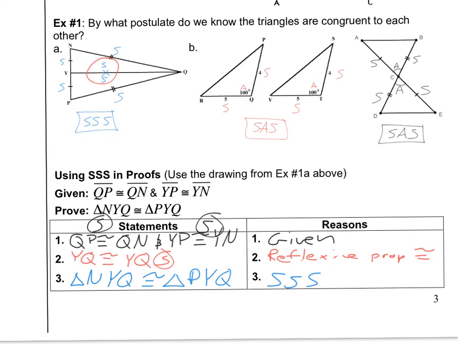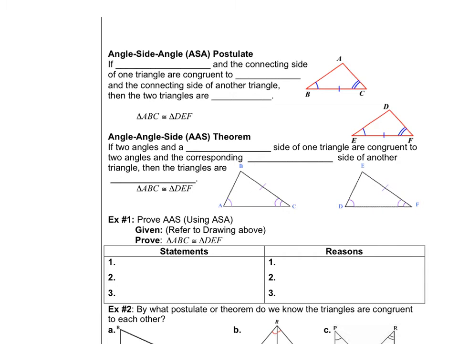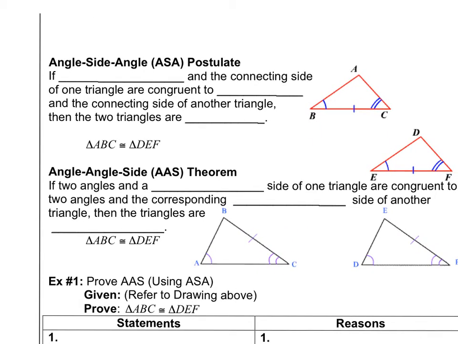All right, let's go on to the next page. Okay, so we got a couple other postulates or theorems here. The next one is angle side angle, and that says that if 2 angles and the connecting side, meaning you have 2 angles, the side in between those 2 angles of one triangle are congruent to 2 angles, and the connecting side of another triangle, see how everything matches, therefore the 2 triangles are congruent, which we say here.